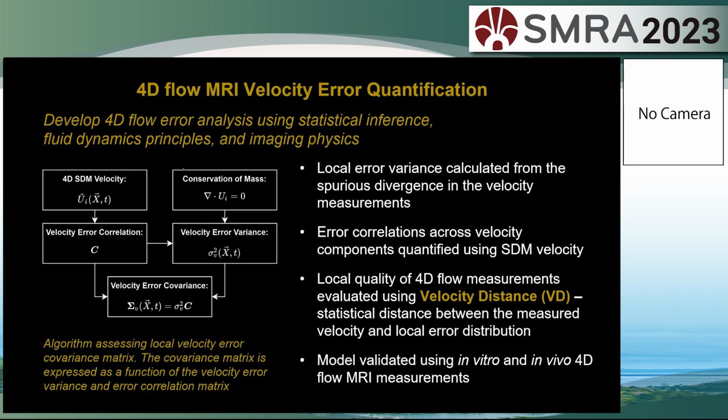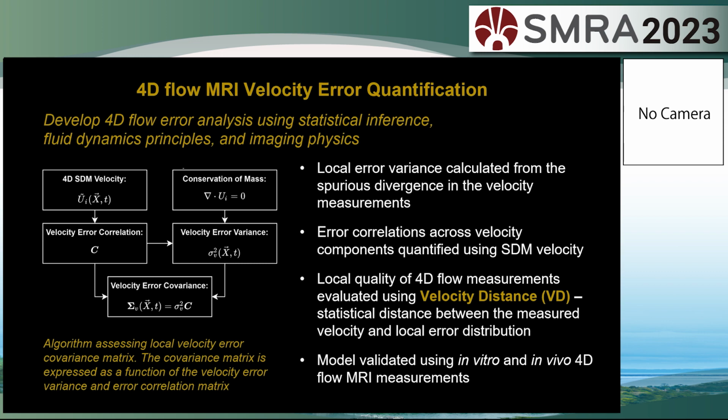Sean also came up with a metric to assess the quality of 4D flow MRI measurements that he named velocity distance. And so velocity distance is the statistical distance between your local velocity measurement, your local velocity vector, and the underlying distribution of error.